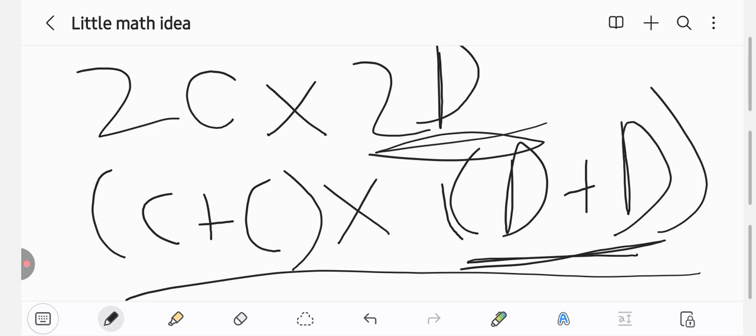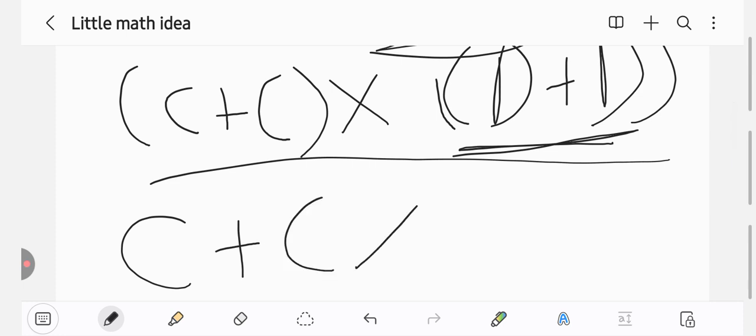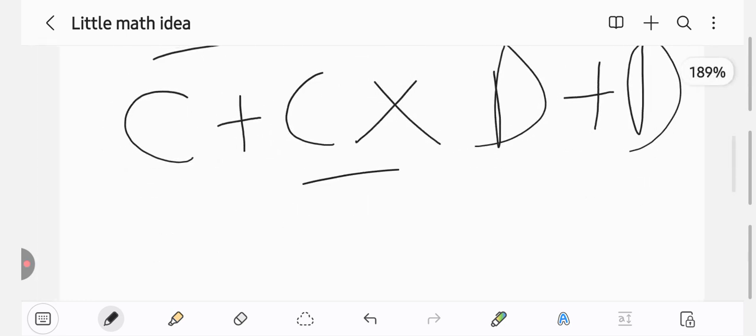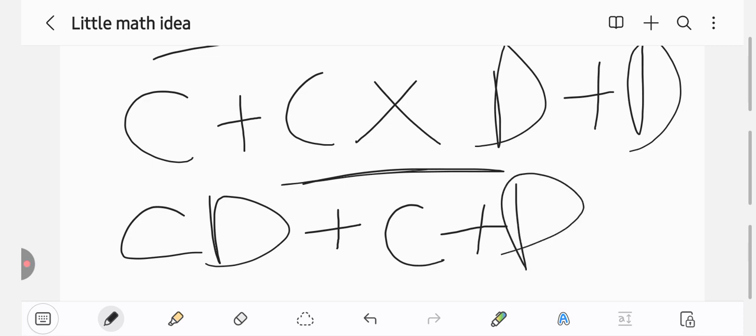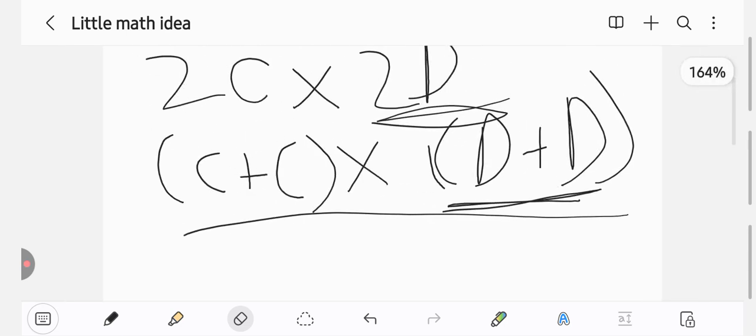If you didn't give the brackets and wrote it as c plus c times d plus d, it would use the normal arithmetic rules of multiplying. They would first multiply c and d, and you would get cd plus c plus d. It isn't the same operation.